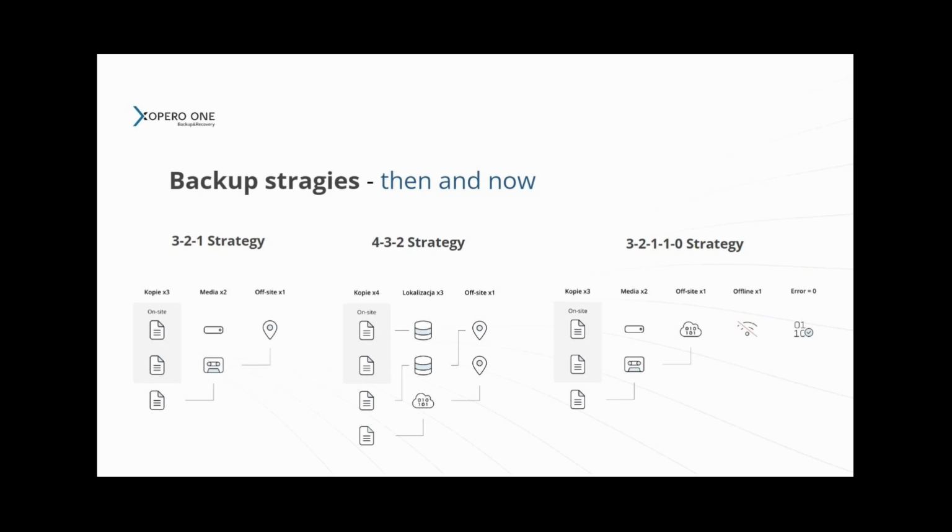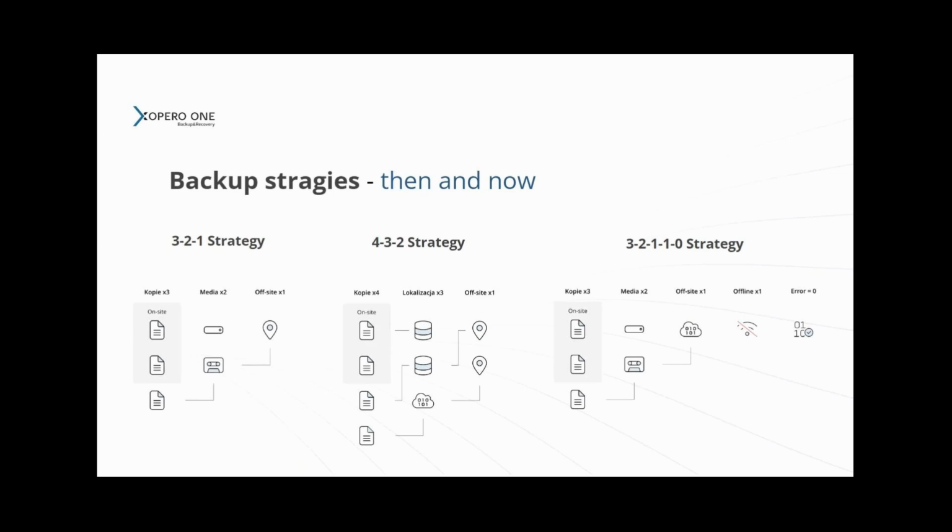So the 3-2-1-1-0 rule, what is it all about? The 3-2-1-1-0 backup strategy assumes that first, we should have at least 3 versions of our data.